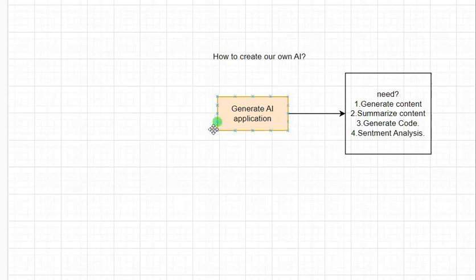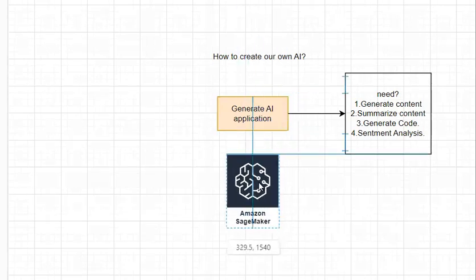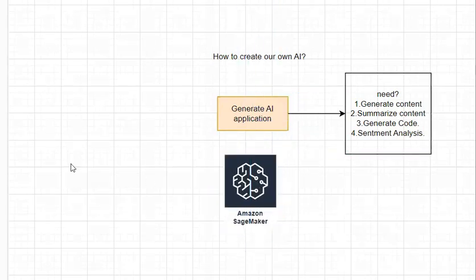So for creating this generative AI application, do I have any service? The answer for that is yes. We have a service. That service name is Amazon SageMaker. By using Amazon SageMaker, we can generate AI.